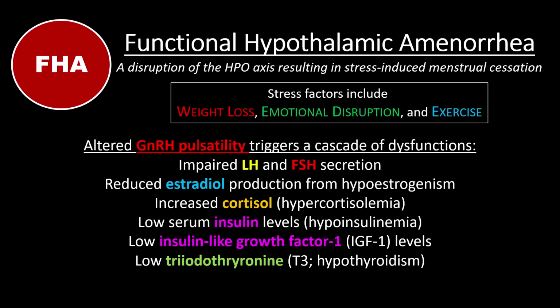Possible things that could happen is an impairment to gonadotropin secretion, reduced estrogen production, increased cortisol production, reduced insulin activity, and a threat of hypothyroidism as T3 is greatly reduced.